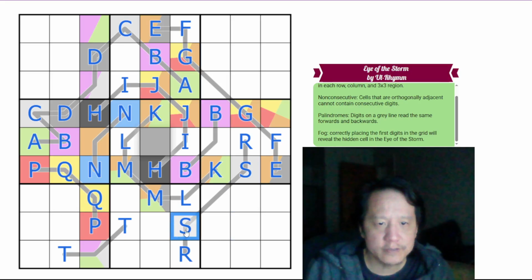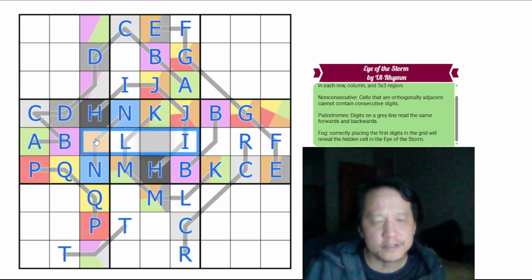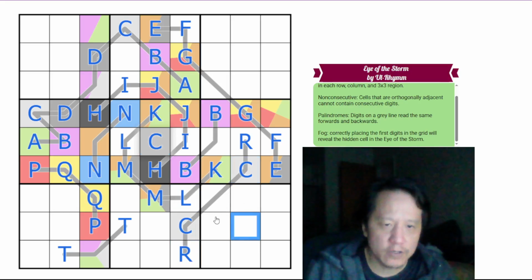So that means C is the same as S. And where is C in column 5 or box 5? Can't be here, can't be here, can't be here, can't be here. This must be C. And is light. Hard to see that, but yeah.